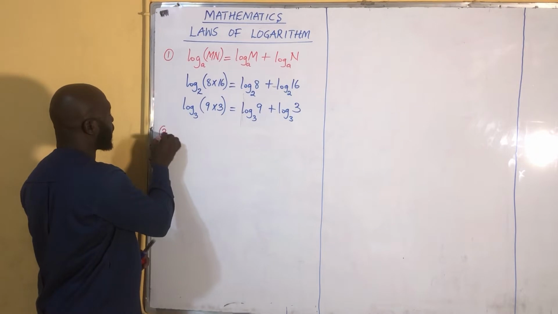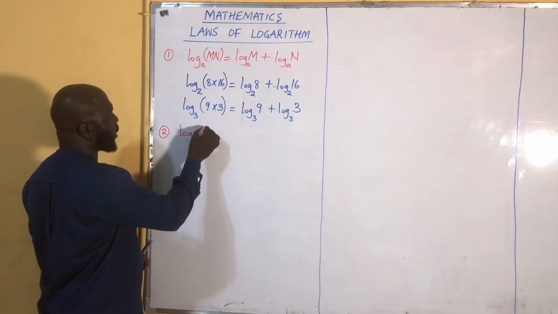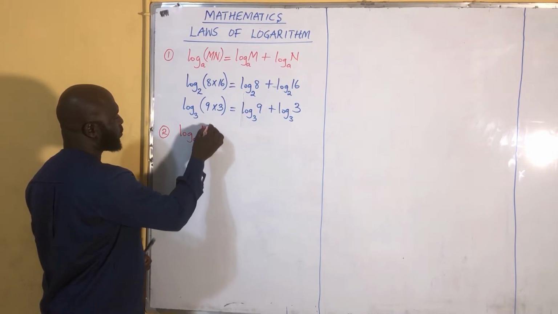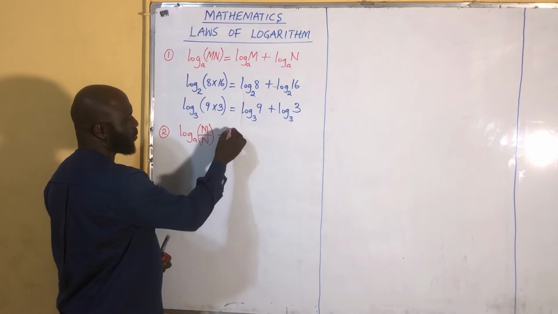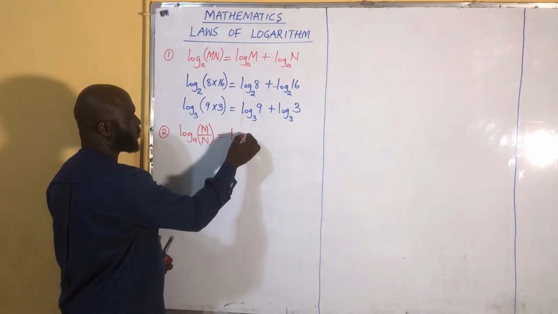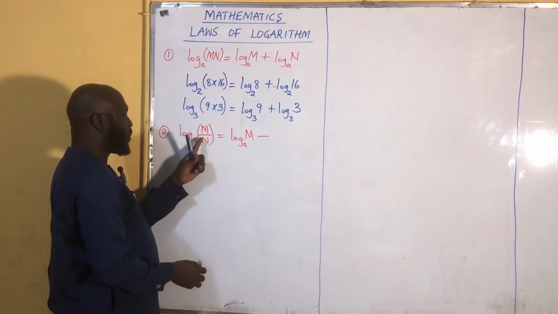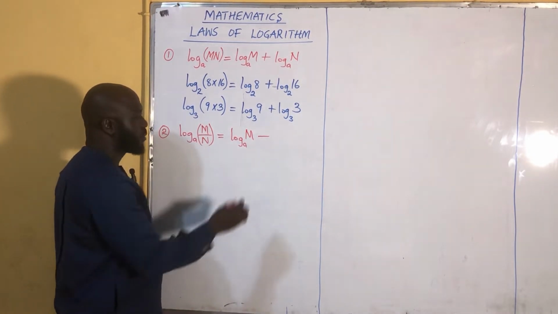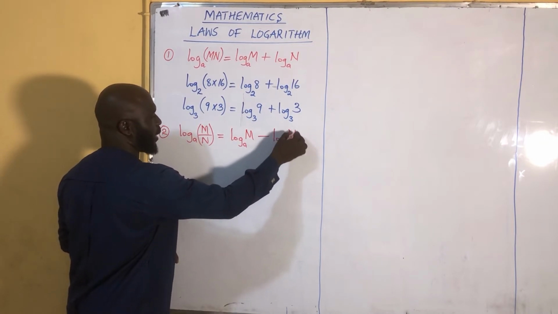The second law says logarithm in base a of m over n is expanded as logarithm in base a of m minus, the minus is coming from the division, logarithm in base a of n.